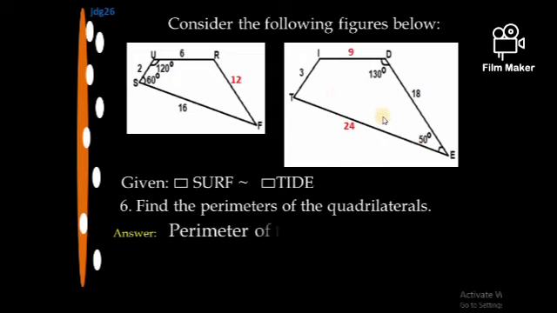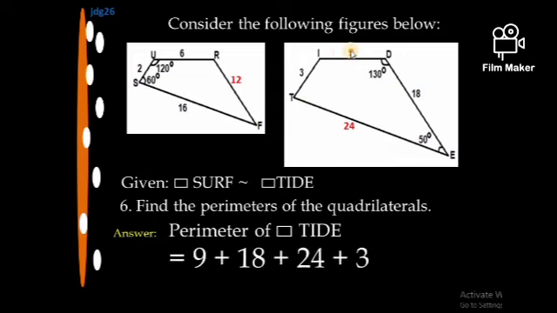Now, to get the perimeter of quadrilateral TIDE, the same process, i-add lang natin ang measures ng mga sides. 9 plus 18 plus 24 plus 3 is equals to 54 units.